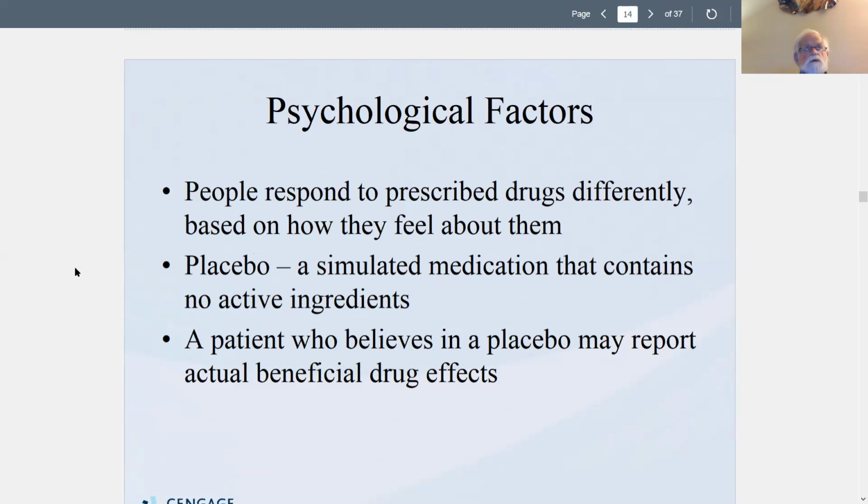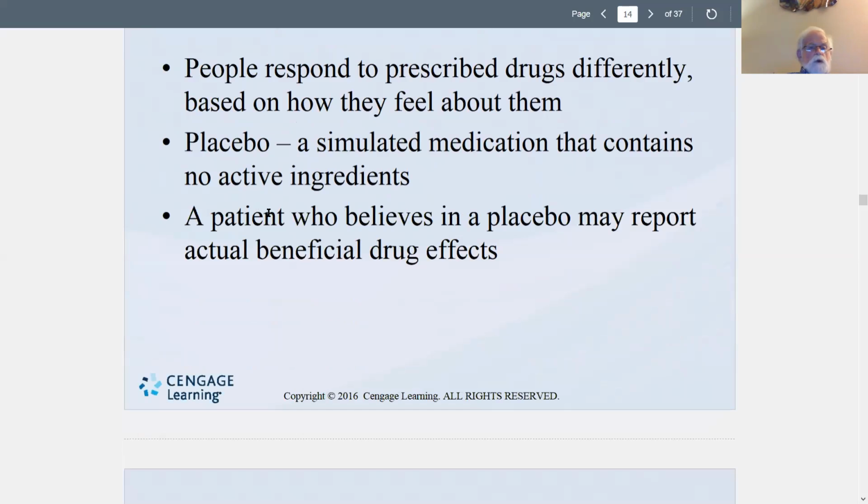Placebo is commonly used in our clinical trials as a way of comparing a patient known not to be receiving the active drug to what happens to a patient who actually receives it. And an amazing amount of the time we find that people will respond to placebo. We also call those sugar pills, but it's basically a simulated medication that doesn't have any drug in it.